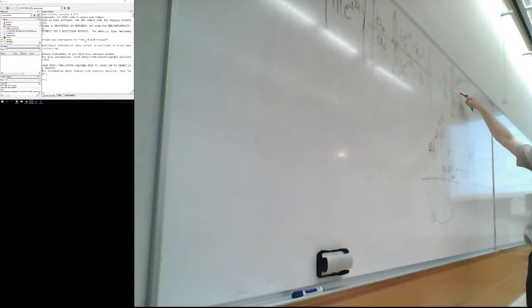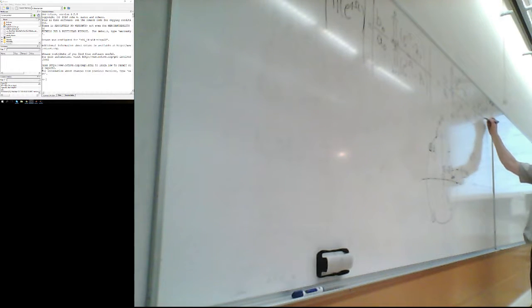We can calculate the scaling factor, then the product of e to j omega minus z1 times e to j omega minus z2, divided by e to j omega minus p1 times e to j omega minus p2.